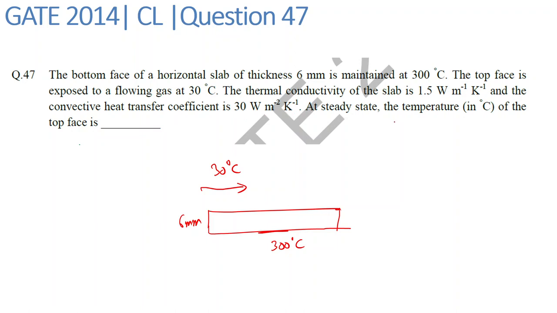At steady state, we have to find the temperature over the top face, that is Ts. We have the video solution for this, and we can take a look at that.